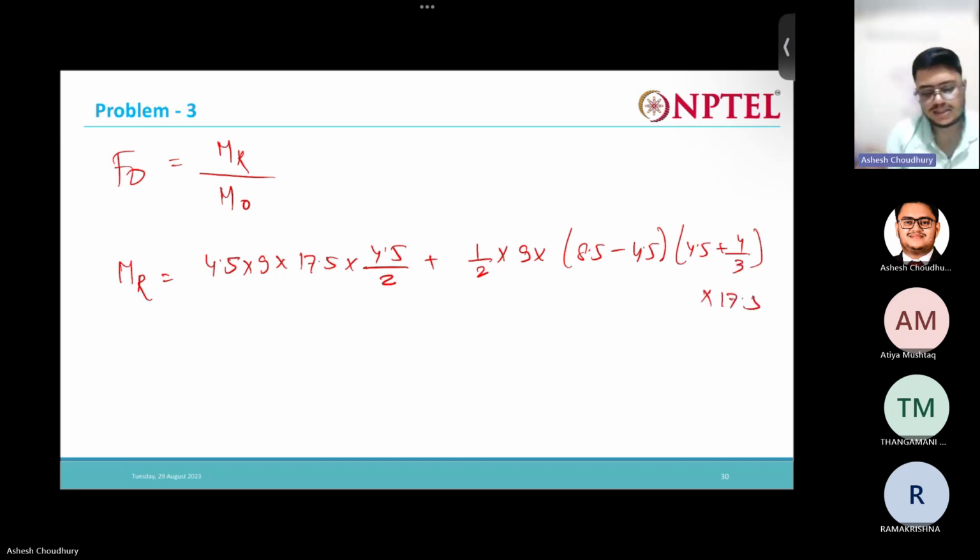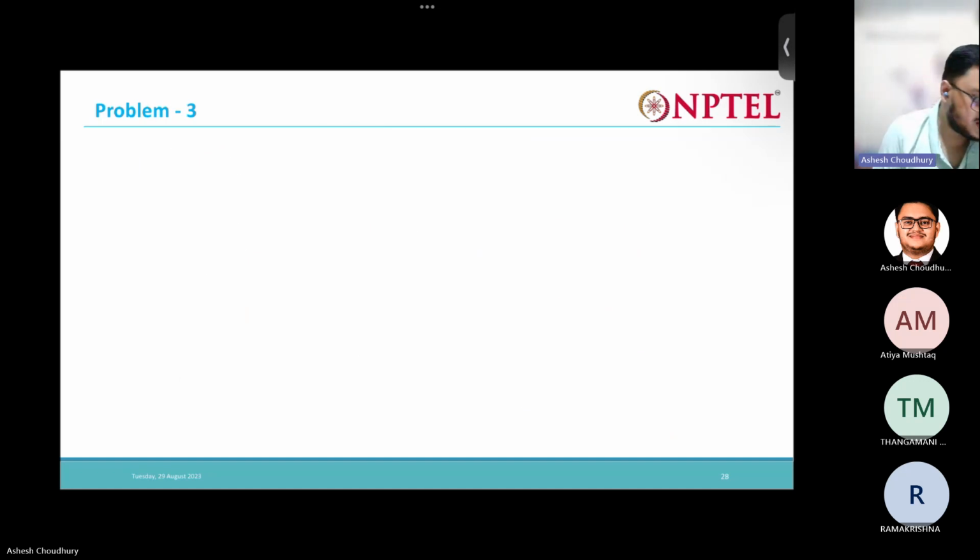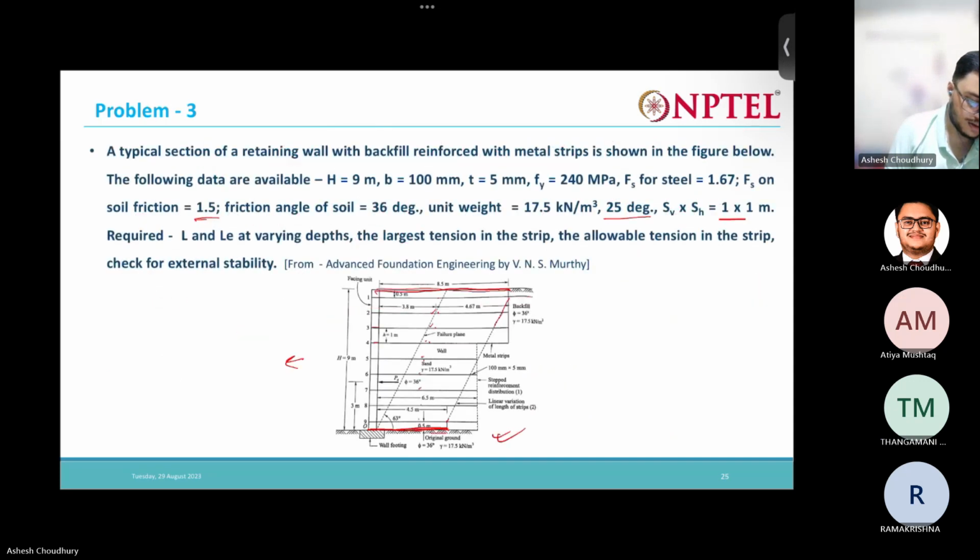So see, initially in the previous problem, what we did, we divided it into certain blocks, right? Here also they are almost doing the same thing, but this distribution, what they have done is a little bit different.